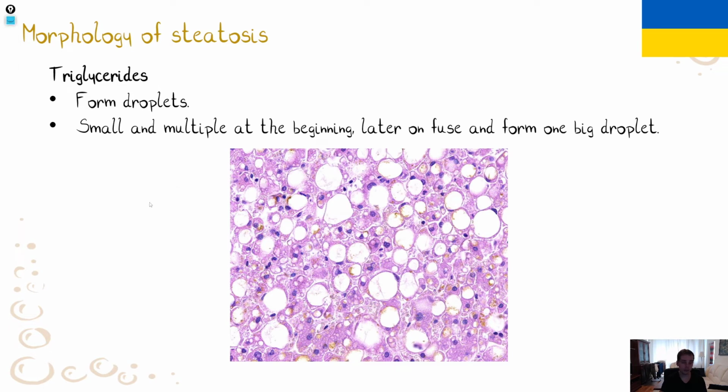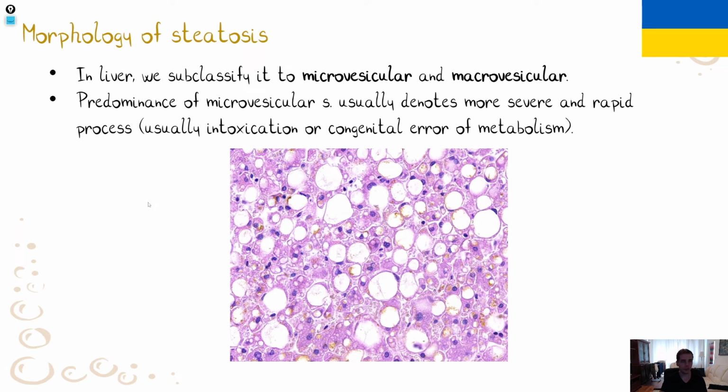In case of liver, we tend to subclassify steatosis to micro and macrovesicular. Microvesicular means that steatosis consists of multiple smaller vacuoles, and macrovesicular means that there is a big vacuole.